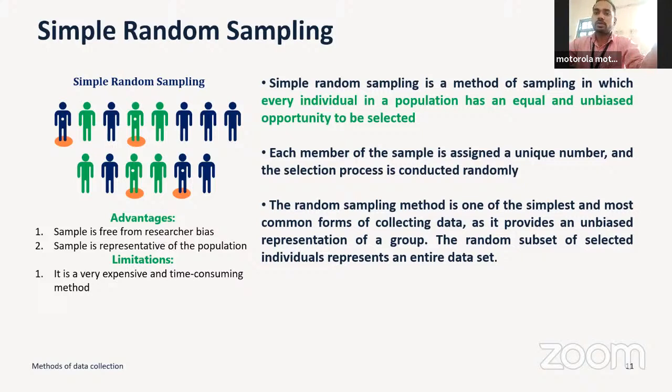Then we ask somebody who is not familiar with the lottery method, or who is outside of the study, to select a single chit. When selecting that single chit, we are providing equal opportunity to all the chits present in that bowl. So that is the simple random method, randomly selecting the sample from the population.